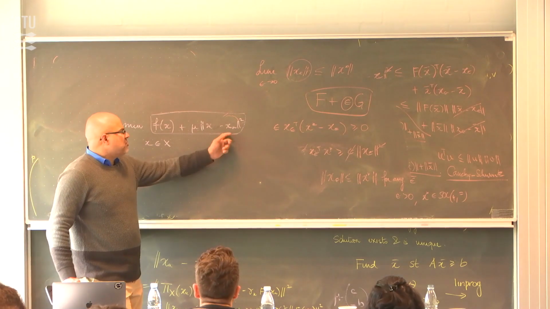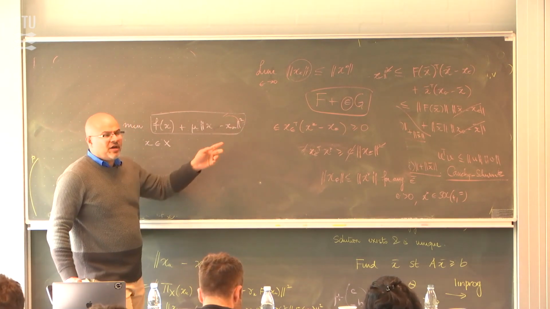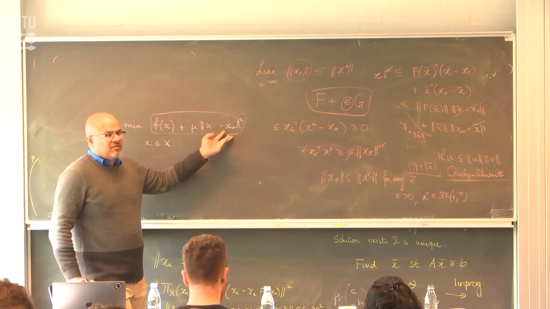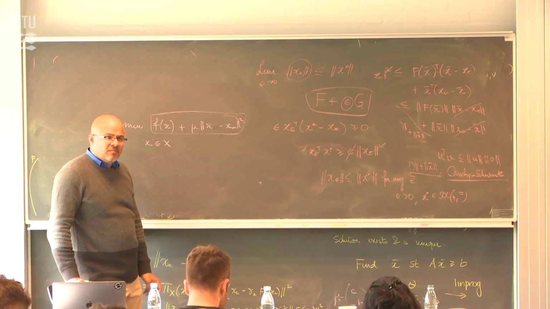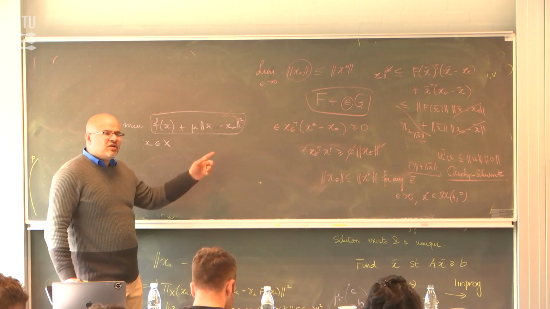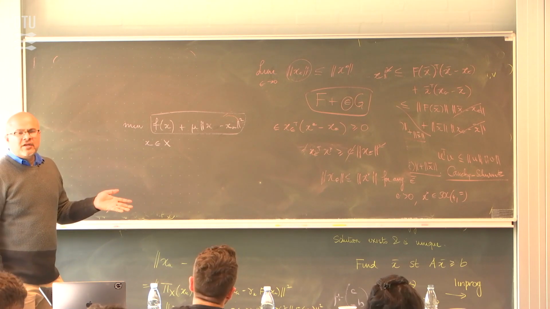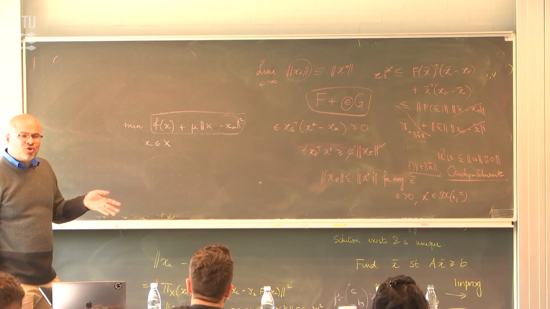This is called a proximal term, x minus xk squared. So you want a solution such that the solution is close to xk. Is the function f convex, or is there something stronger you can say?